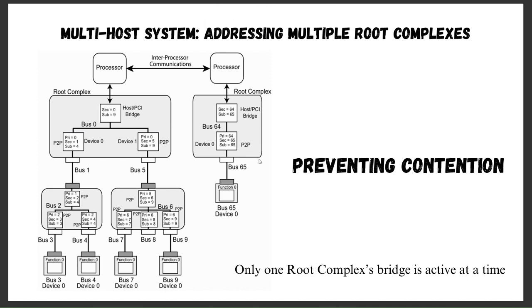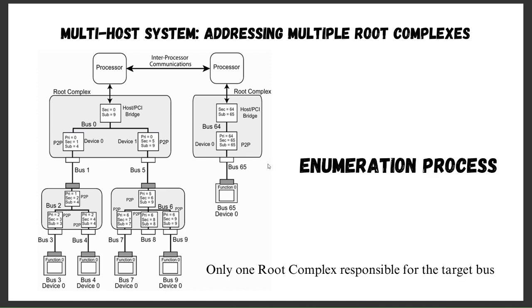When the processor writes to the configuration address port, the port that specifies which PCI device and function is being accessed, only one of the root complexes will respond and participate in the transaction.